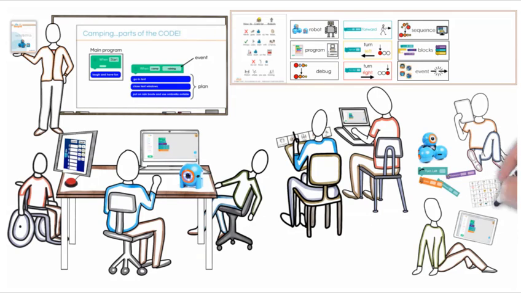AAC materials support communication and collaboration for students who have communication challenges, and tip sheets can be posted or provided to students to support independence and self-regulation when they're working on important collaboration skills.